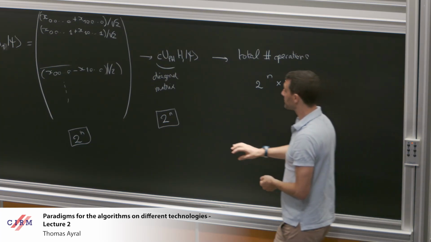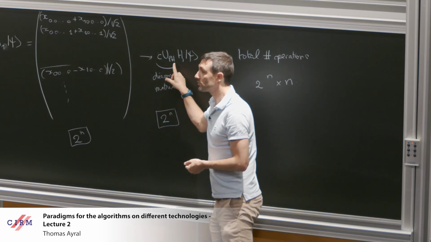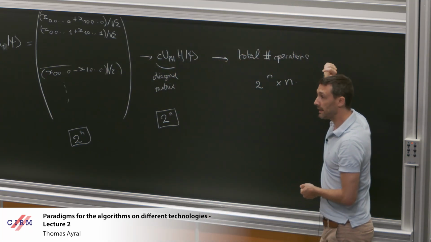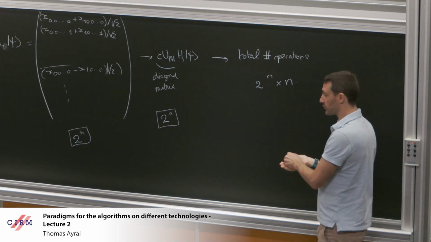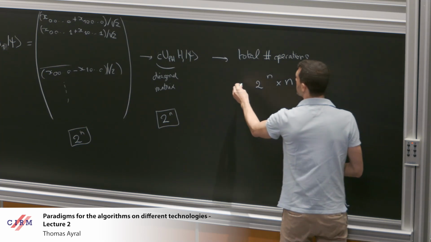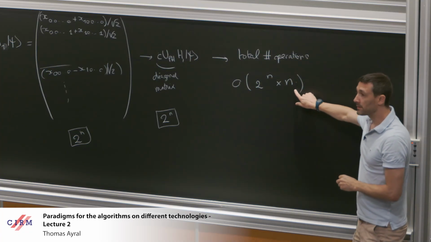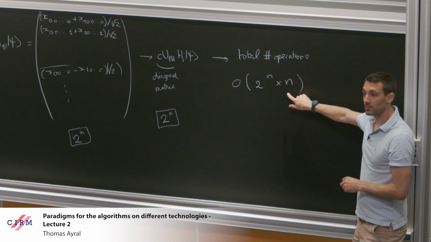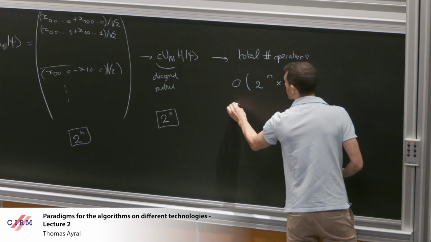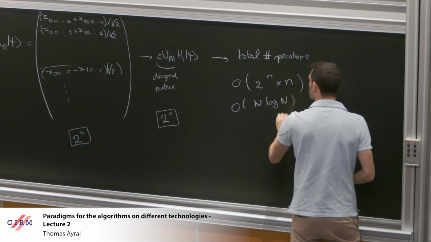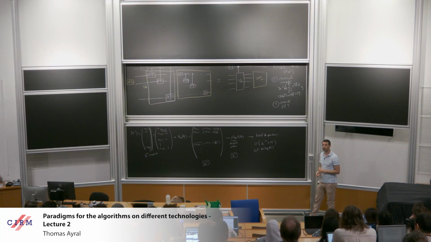I have to pay this price, 2 to the n, to do the Hadamard and the controlled operation, and then I'm going to replicate this n times. Of course, it's all big O notation; I didn't work out the prefactors. Well, it turns out that this is precisely what an FFT does. So probably you know it in a different way, in the big N notation. You know that the cost of a fast Fourier transform is n log n. And this is what this achieves.